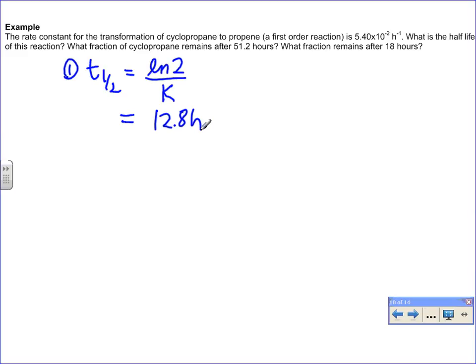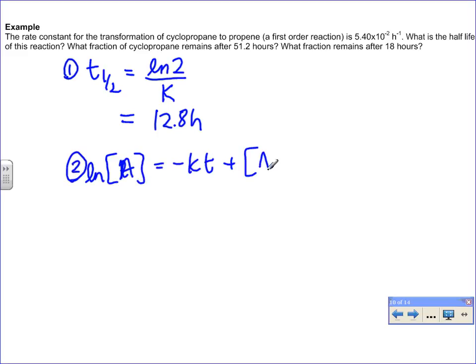So if you want to know what is left after a particular amount of time, what you need to do is look at the linear relationship. Okay, so this is the linear relationship for a first order reaction.